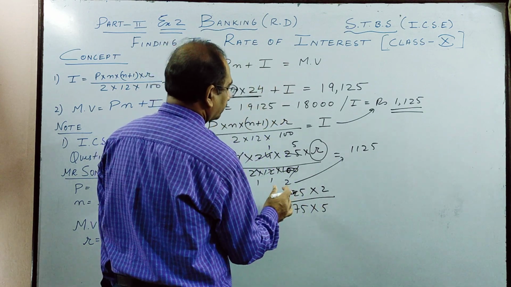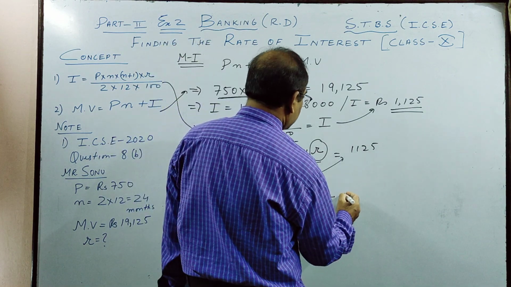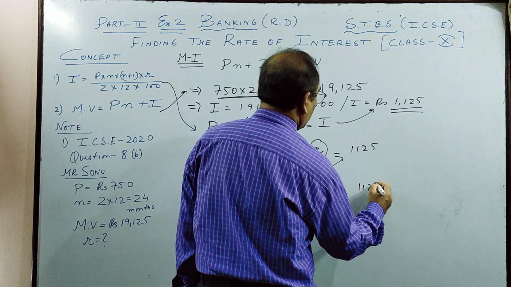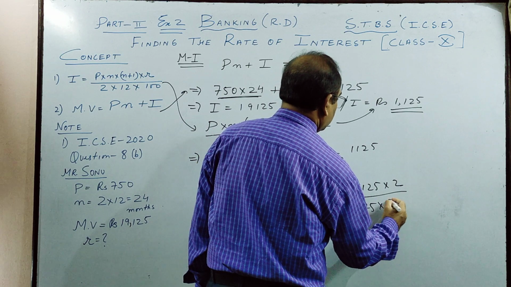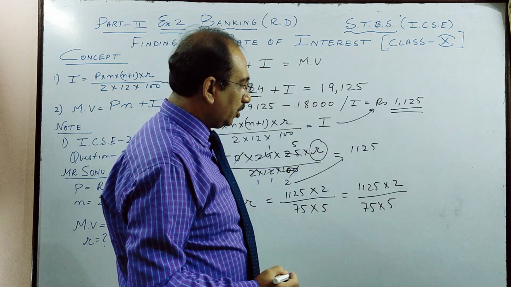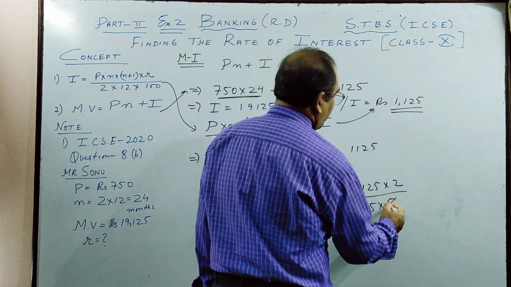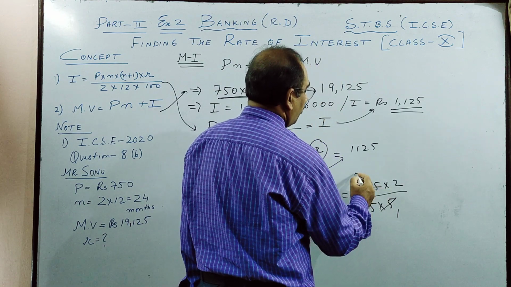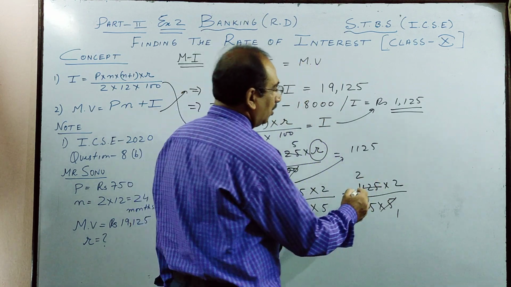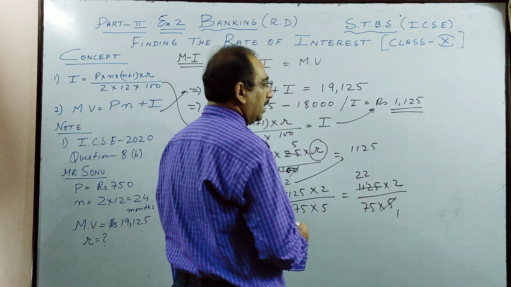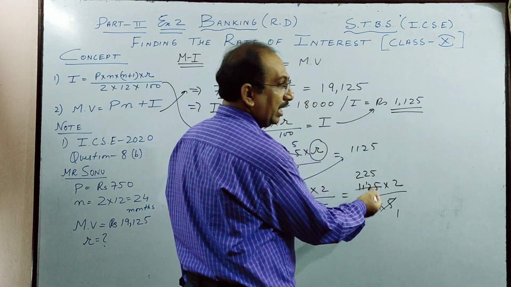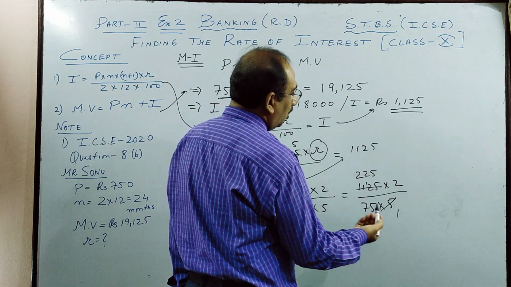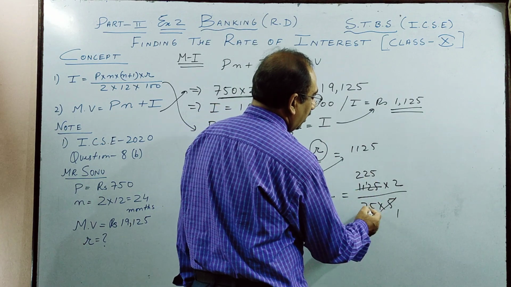If you want to cancel here, I'll show you how we cancel. First, the same thing I'm writing because there is no place to cancel. 5 ones are 5, 5 twos are 10. Now 75, directly you can do 3s are, or you can do 25 3s are.